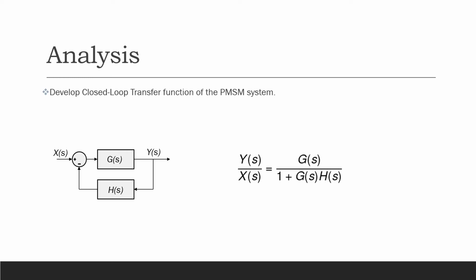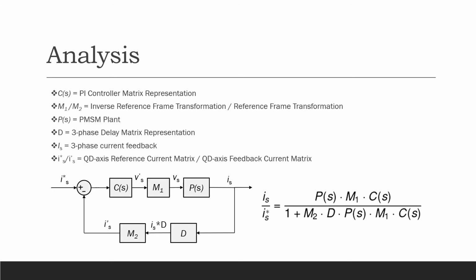And then it would achieve some sort of an output. In this case, it would be our three-phase current. That current would then be fed back into the feedback path, H of s, and then brought back into the forward path, and the value would be controlled for in the system. So this is a high-level approach, and then this can be broken down in our application in this next slide here.